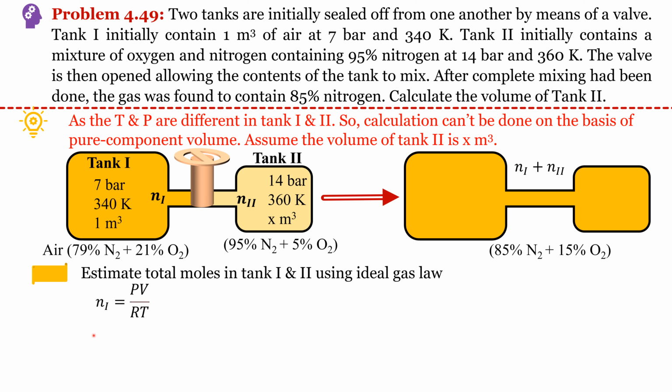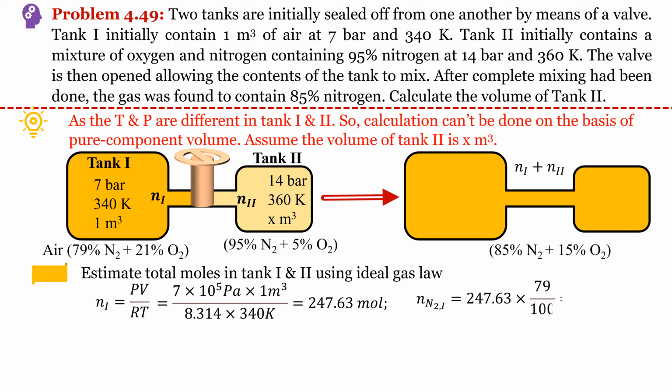So we can write N1 equal to PV by RT. So this is for tank 1. Now after putting the values, we will get 247.63 mole. Now we can find the moles of N2 because tank 1 contains air and this air contains 79% N2.